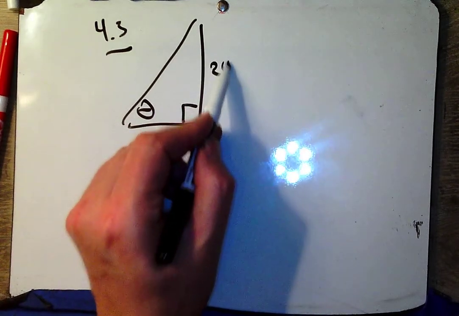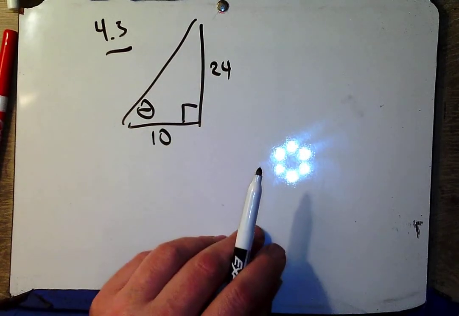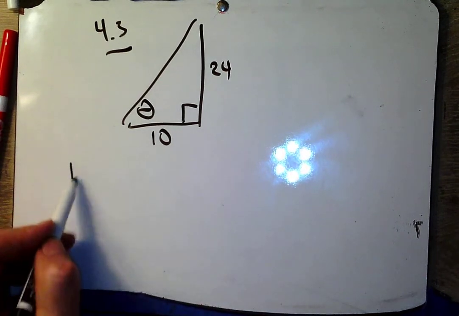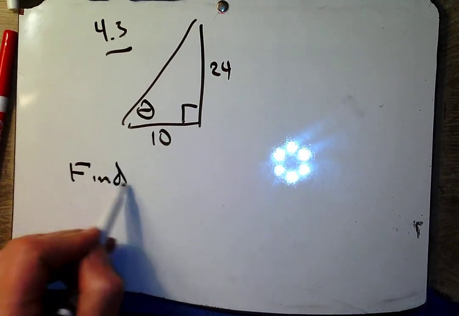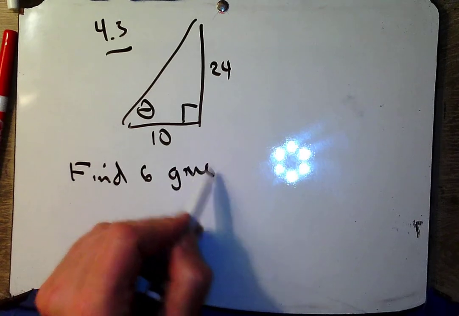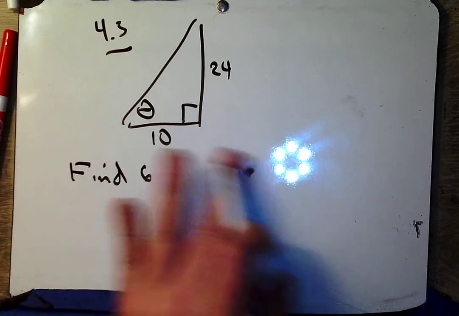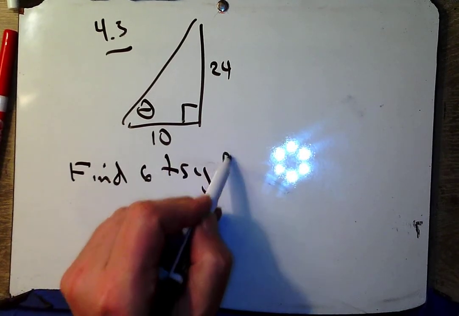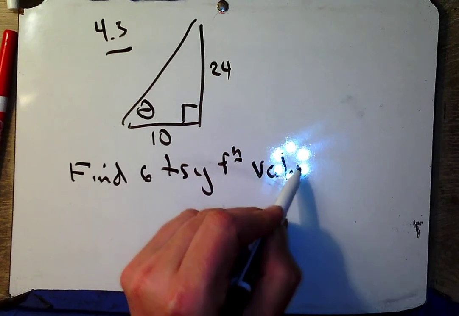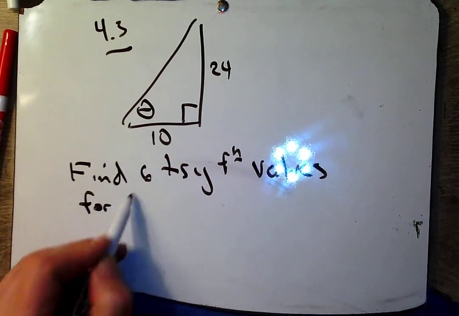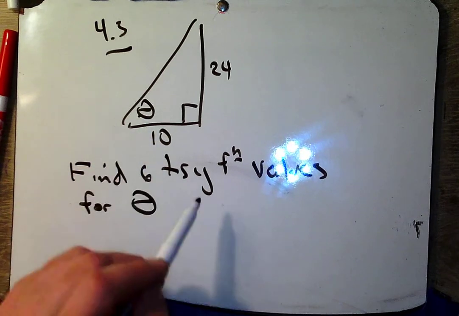So I've got 24 and 10. And I'm asked here in the directions to find the 6 trig function values for theta. Okay, so here's the theta.